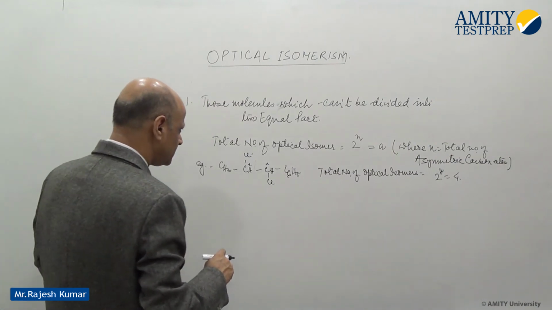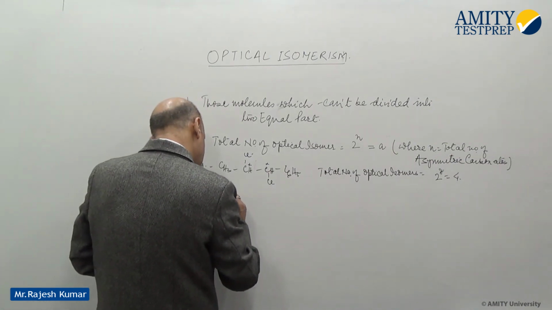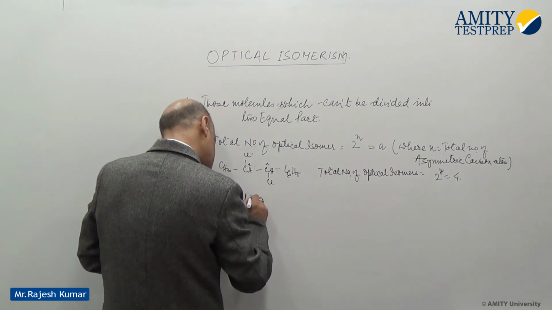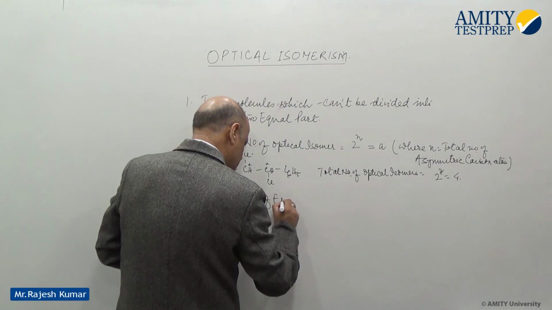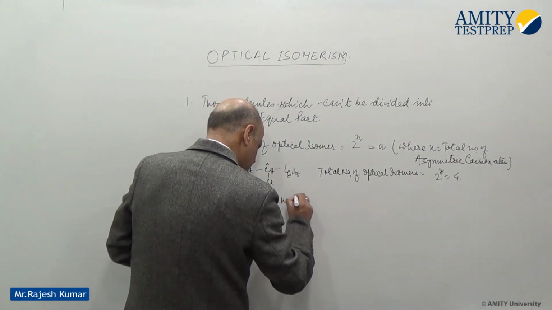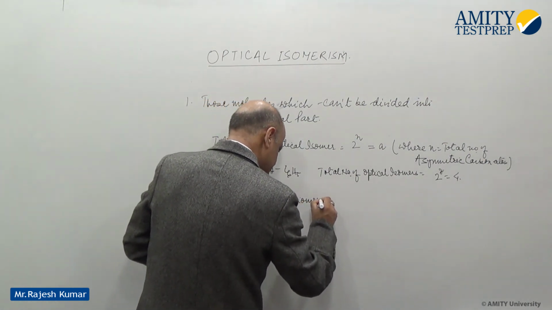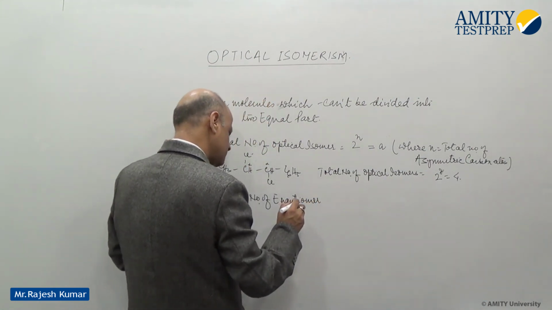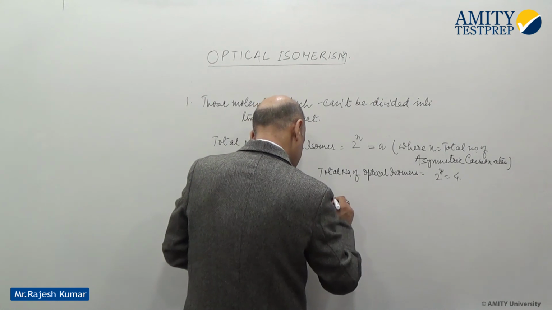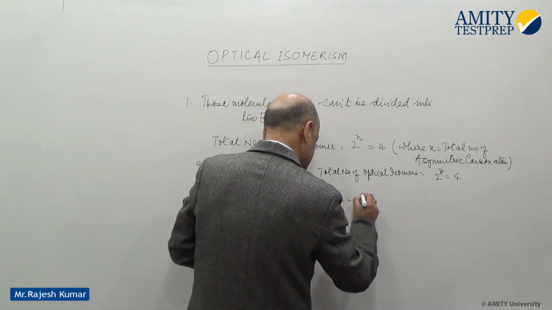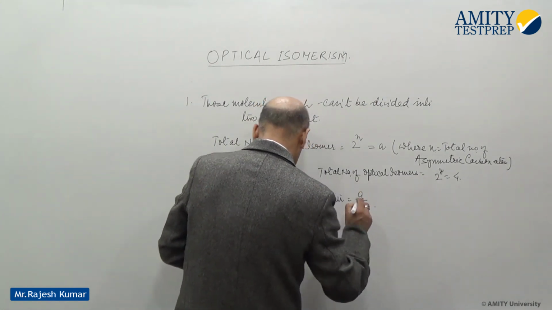Okay. Total number of enantiomer pairs is equal to A by 2.